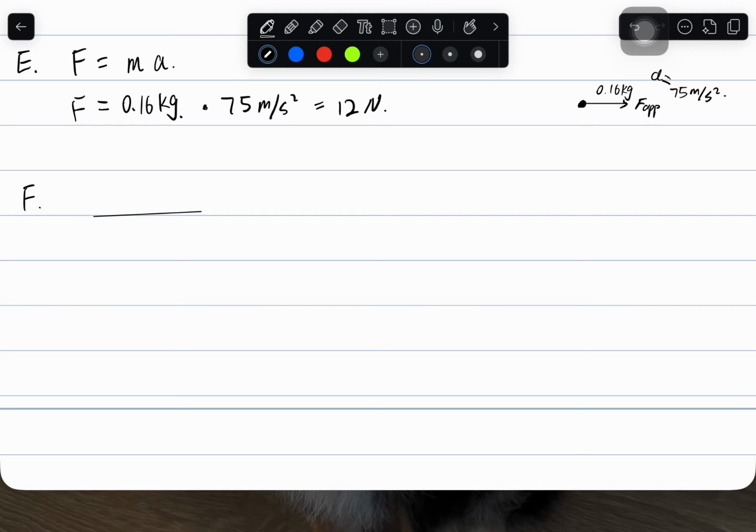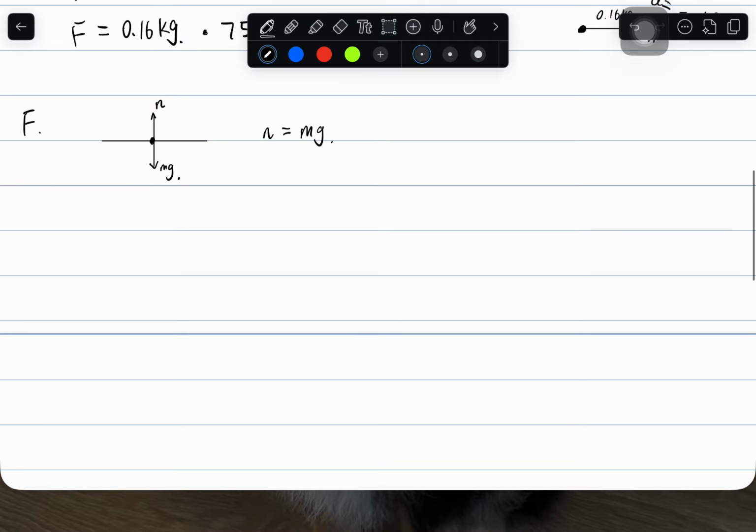Here's the surface, here's the hockey puck, this is the normal force, and this is the weight. Since the puck lies on the surface and doesn't have vertical movement, the normal force N should equal mg of the puck.